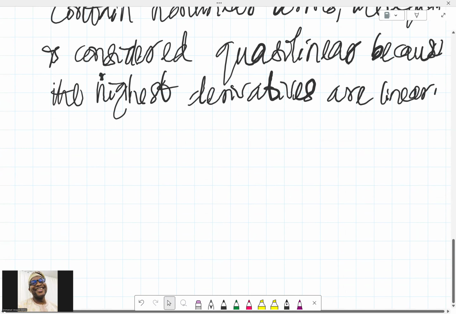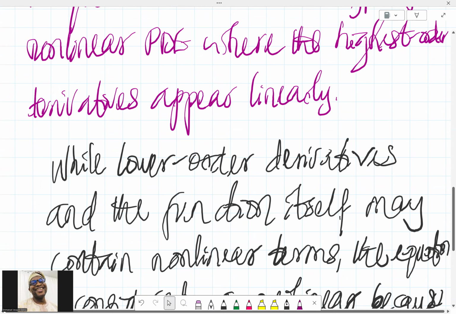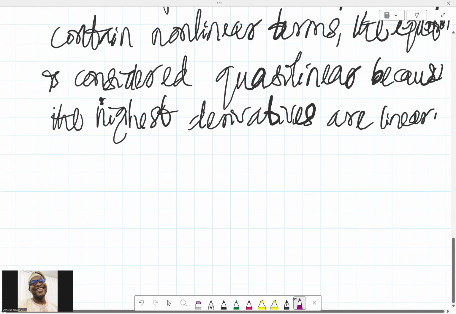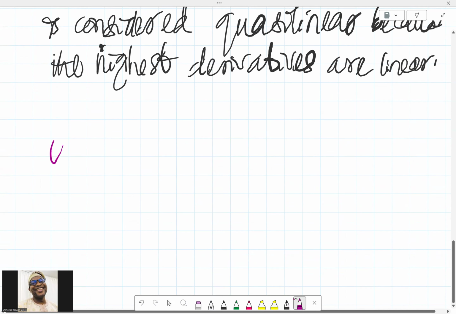So that's why it's quasi-linear. Let's talk about the general form of quasi-linear equations.